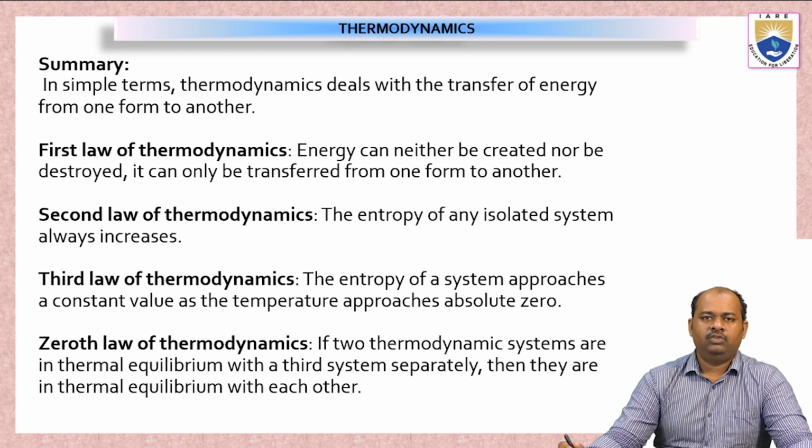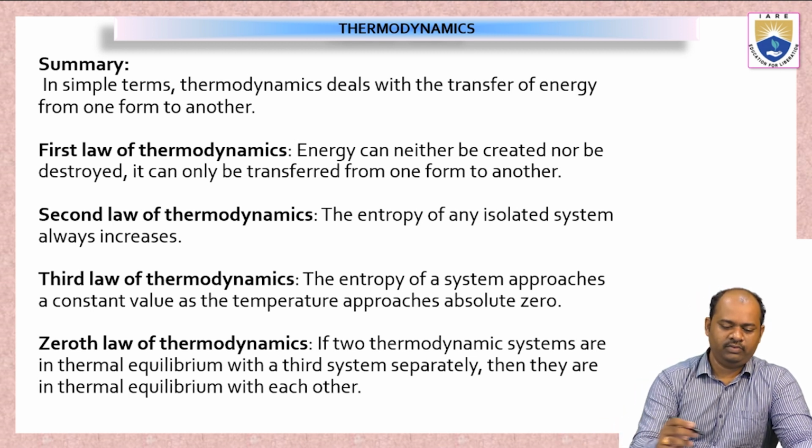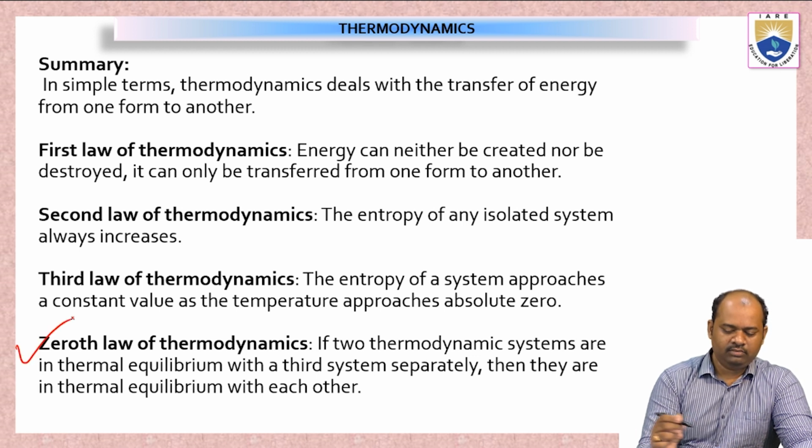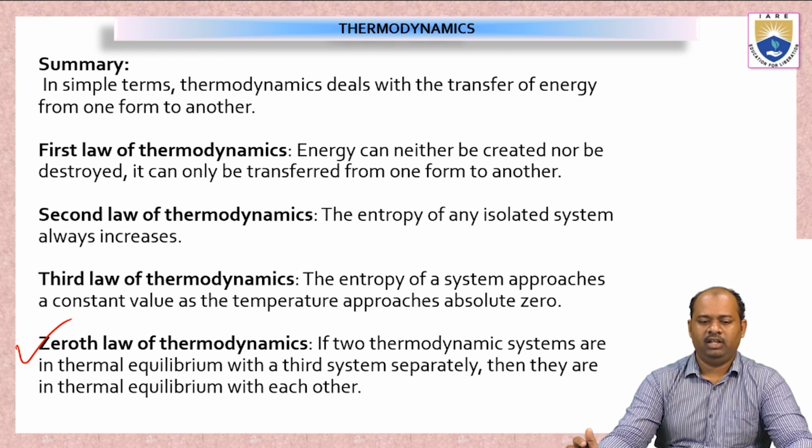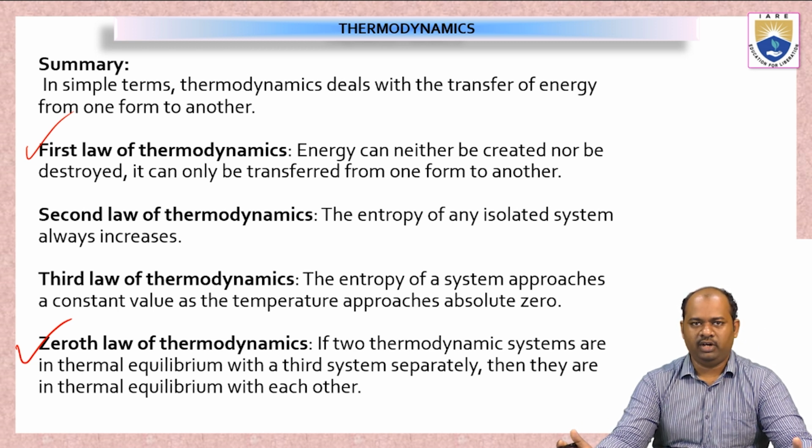So far we have seen the different laws of thermodynamics. First is the zeroth law, where if system A and B are each in thermal equilibrium with system C, then we can say system A and B are also in thermal equilibrium. Then the first law: energy can neither be created nor destroyed, but is converted from one form to another.